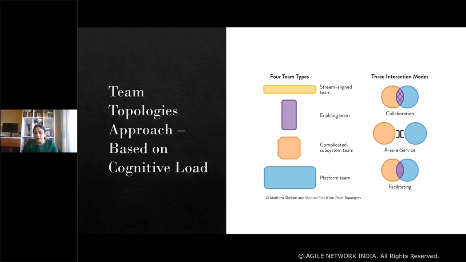Now, what does the enabling team do? To upskill the stream aligned teams, detect if there are any gaps in the platforms on which stream aligned teams are expected to deliver things, or to help a stream aligned team to overcome the obstacles. It also helps to detect the capability gap. Where is the upskilling needed?